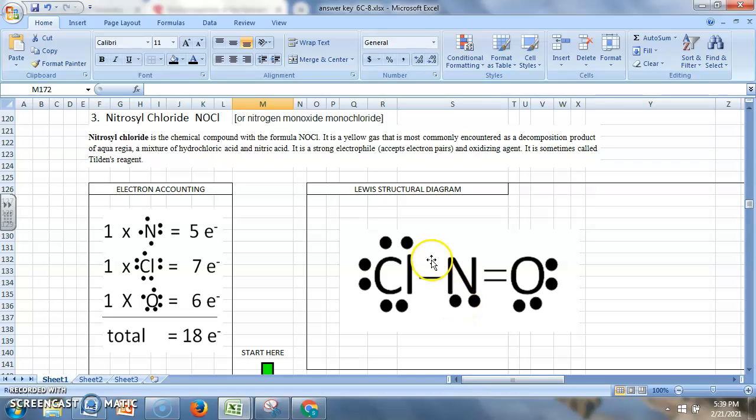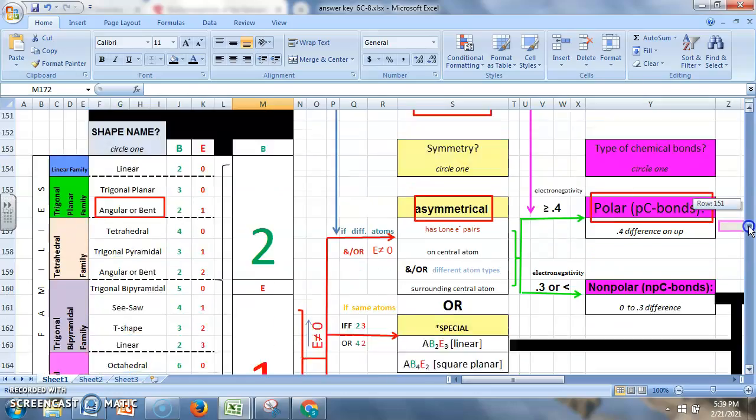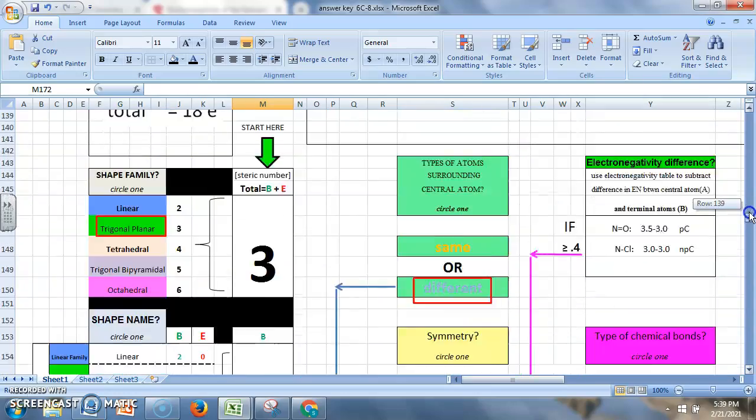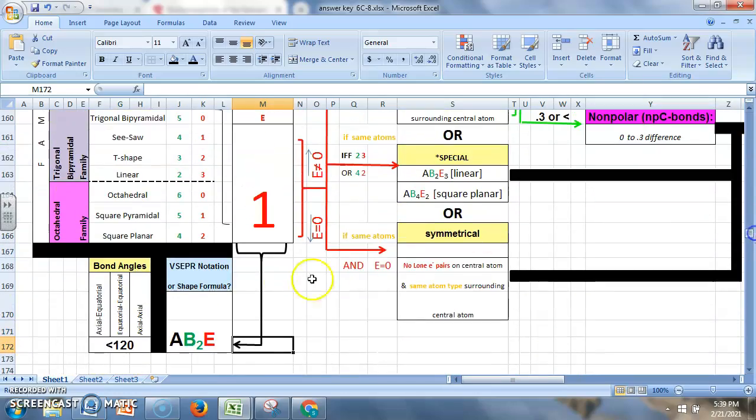So that lone pair will push them closer together than 120. They're all in the same plane, so we don't have to worry about whether it's axial or equatorial atoms that we're talking about. They're all in the same plane, so we can just say the angle is less than 120. Hopefully that will wrap up number 3.